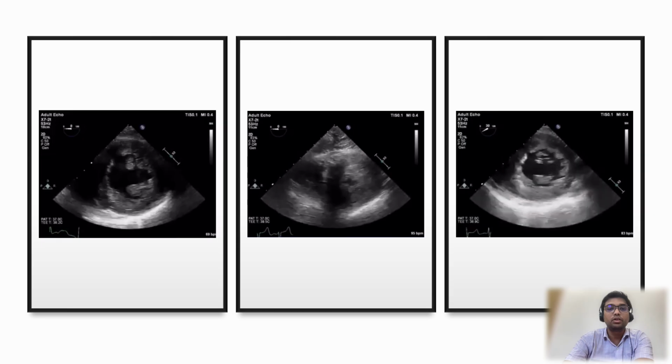You can see the LV end diastolic area seems to be less, whereas this is a case of vasoplegia where the LV end diastolic area is near that of normal patients, but the LV is also completely getting emptied, just like in hypovolemic patients. So this is how, by eyeballing, you can distinguish hypovolemia and vasoplegia.